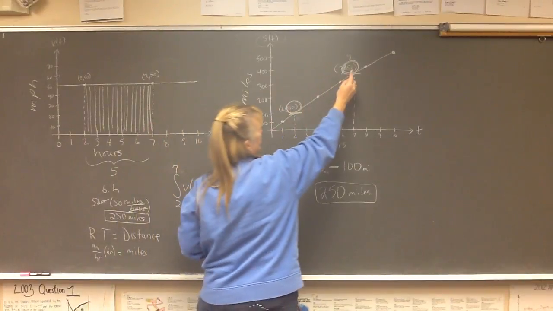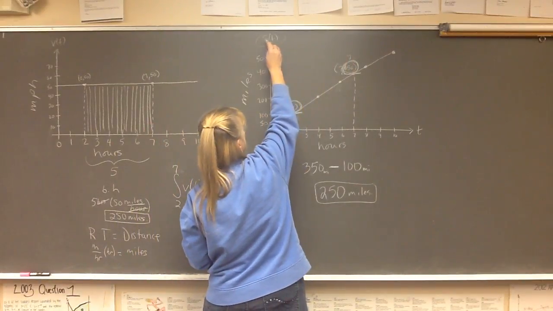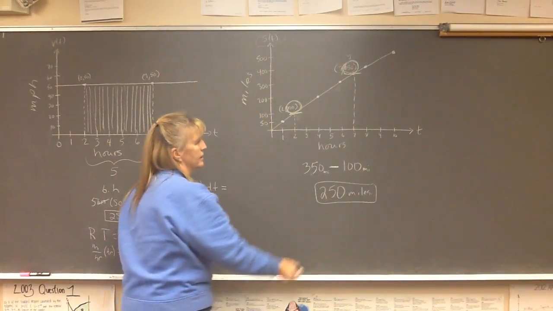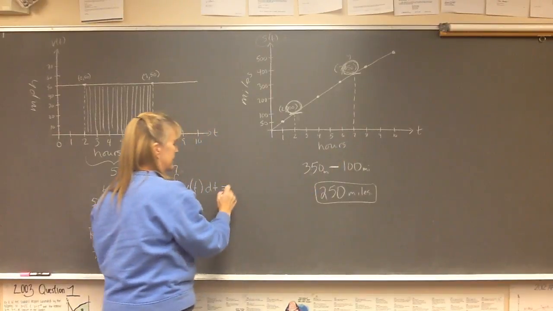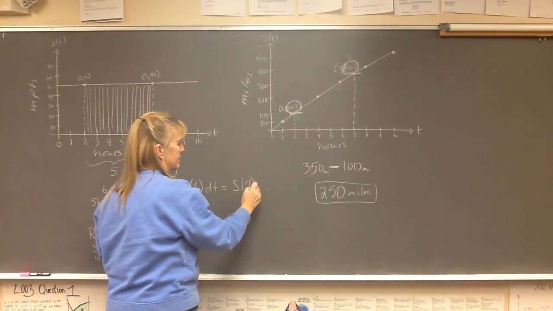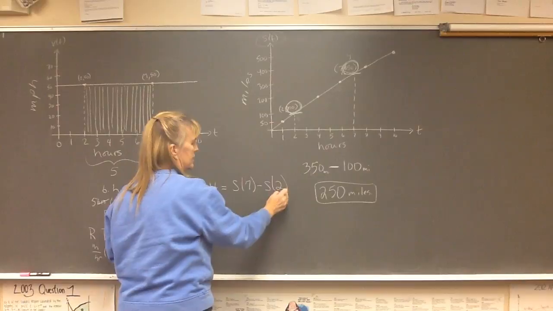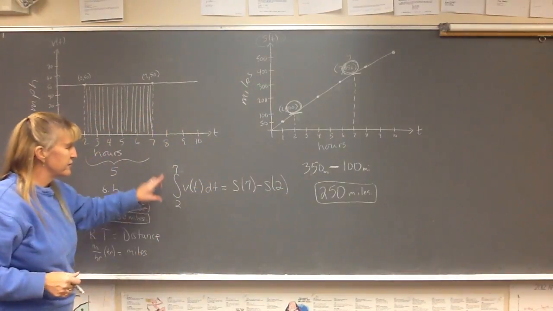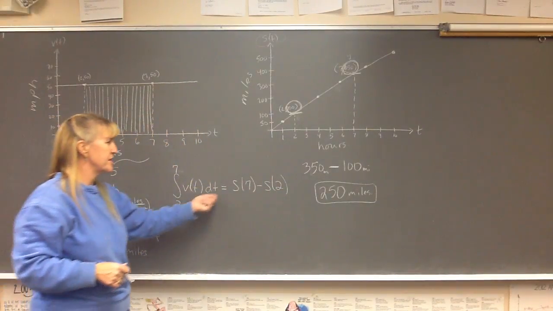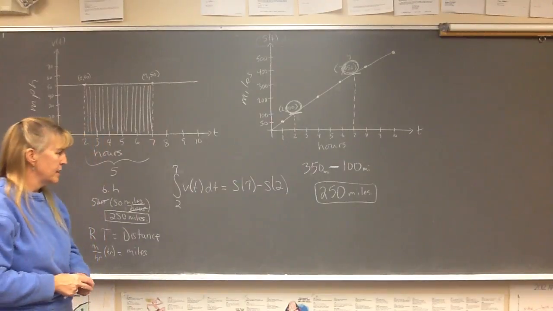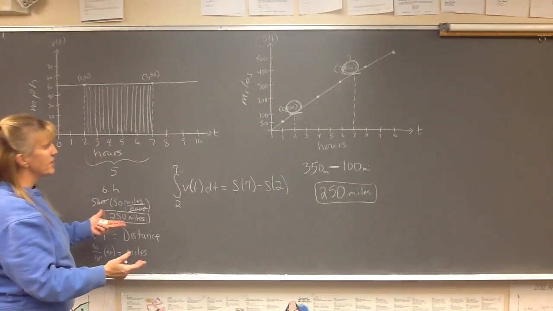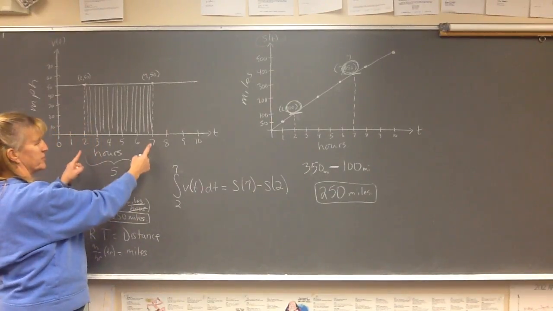That 350 is the y-coordinate, so it could be thought of as an s of t. However, t is 7. So s of 7 minus s of 2. And this is going to be true when we're talking velocity and distance functions. Let's put it in a more generic format because it didn't have to be my interval between 2 and 7.